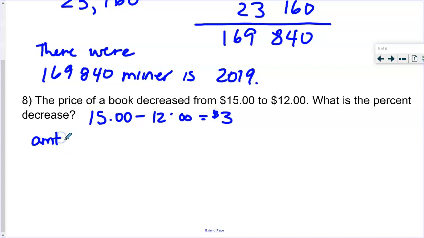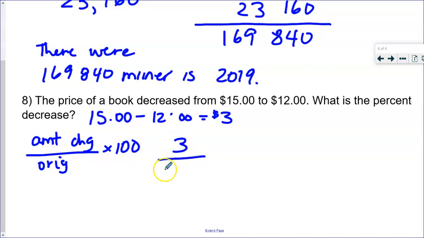Amount of change over original times 100. So the amount of change is 3 over the original, which is 15, times 100. We're going to get 0.2 times 100, which is 20%.